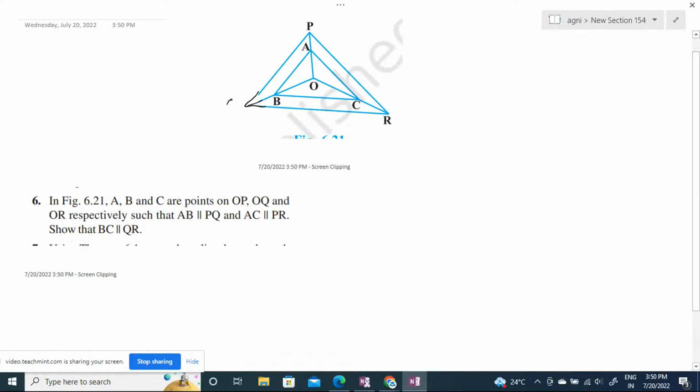This is Q. Now in figure 6.21, A, B, C are the points. These are the points on OP. This is OP, OQ and OR.